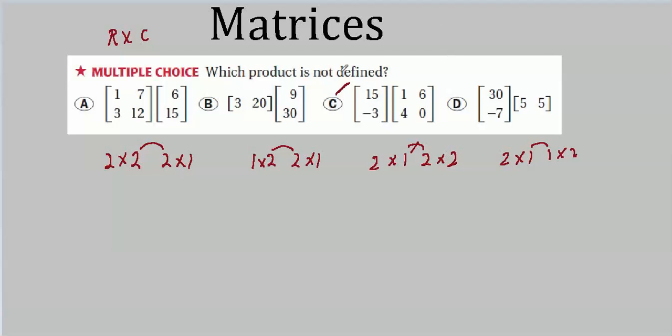And the fact that there's nothing here to the right, or say in this one to the right, doesn't mean we just stick zeros in there and say it's the same thing. It's not. 15, 0 and minus 3, 0 would definitely not be the same matrix as 15 and minus 3. You can't just throw that 0 out there and say, well, it's only 0, so it doesn't matter.